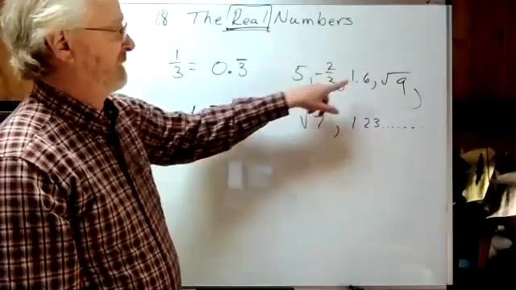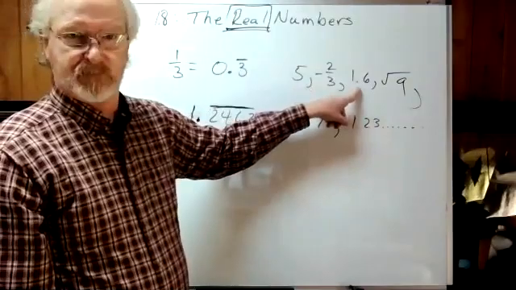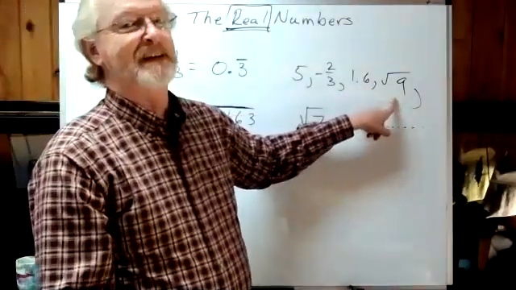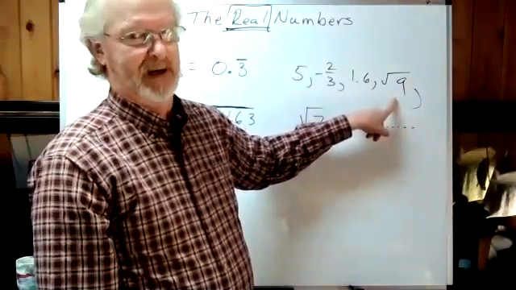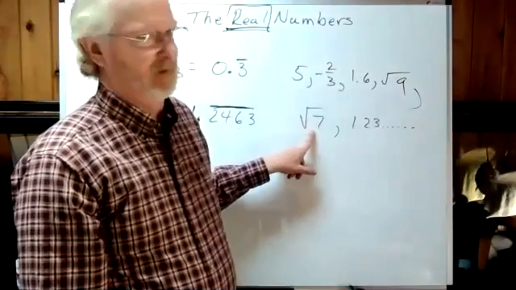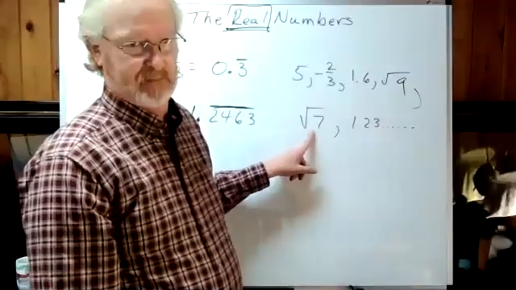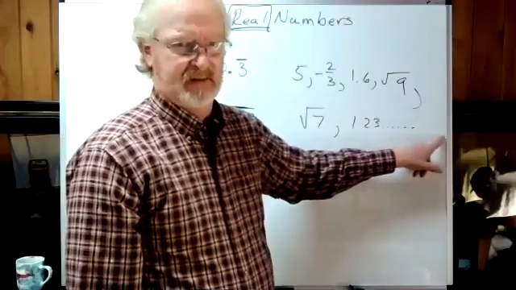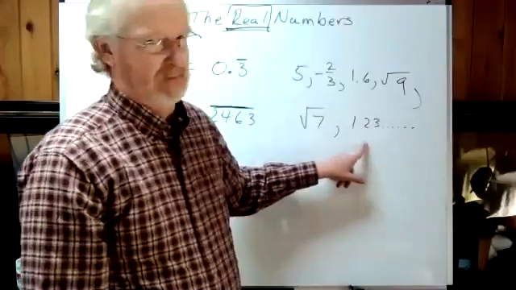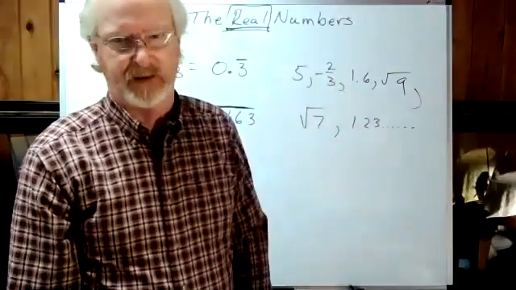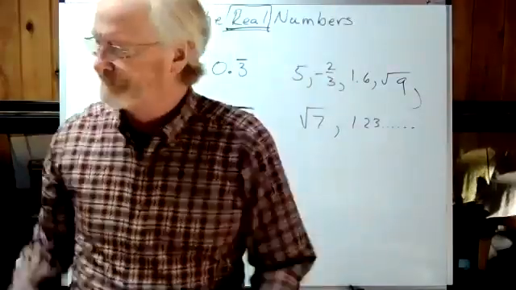Yeah. Terminating decimal? Yeah. Square root that I could simplify and make it look like a fraction? Yeah. Square root I can't simplify: irrational. Decimal that doesn't end, no repeating pattern: irrational. You'll see homework problems like that. Okay.